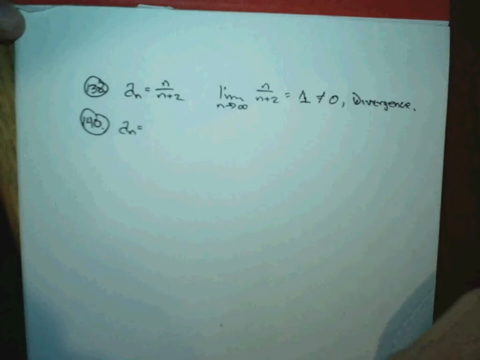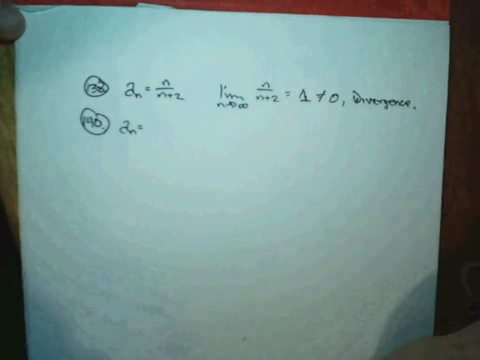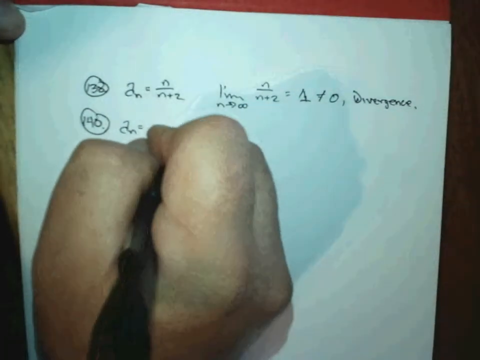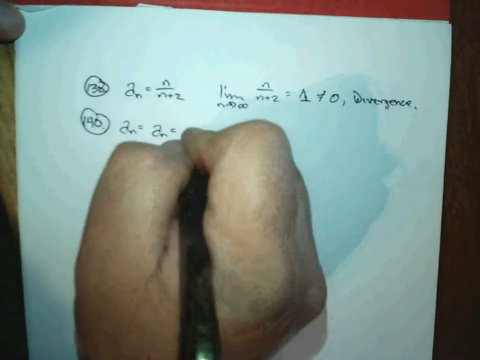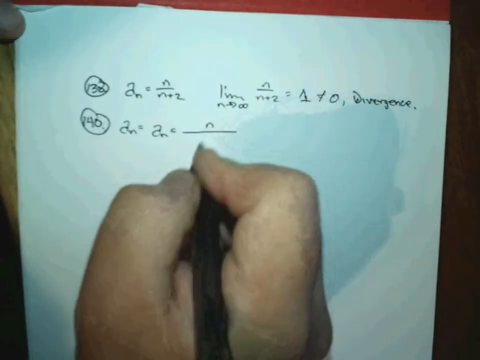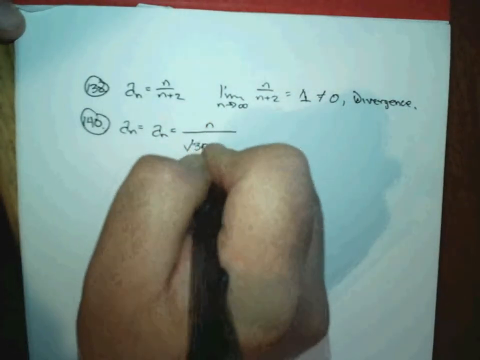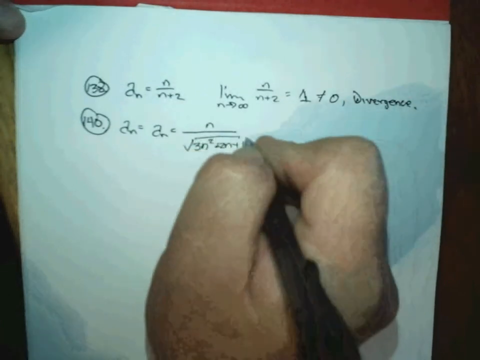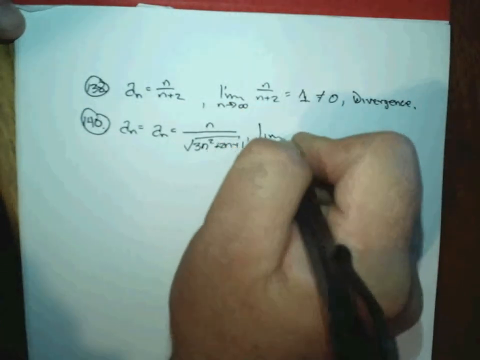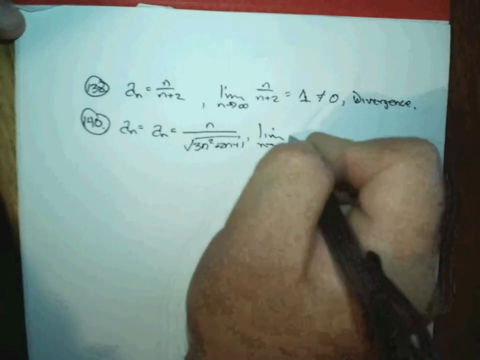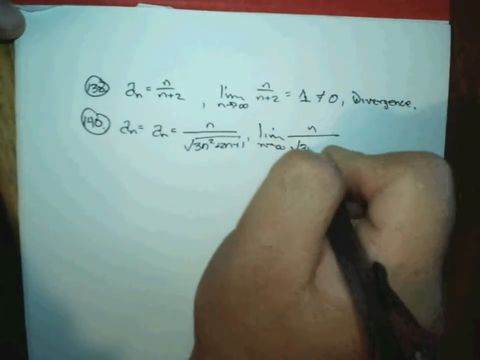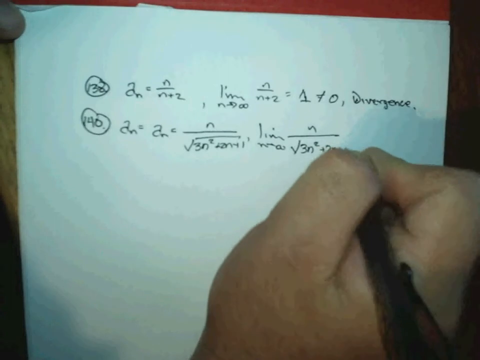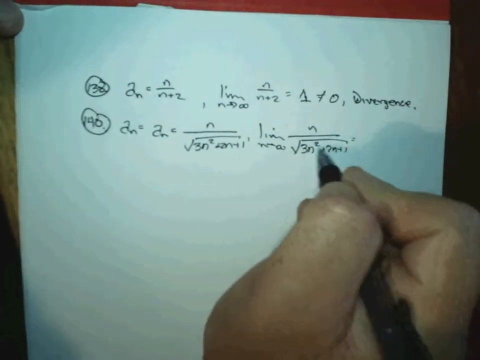Let's look at 140. In 140, a sub n is n in the numerator, in the denominator the square root of 3n squared plus 2n plus 1. So you simply say the limit as n goes to infinity of n over the square root of 3n squared plus 2n plus 1.